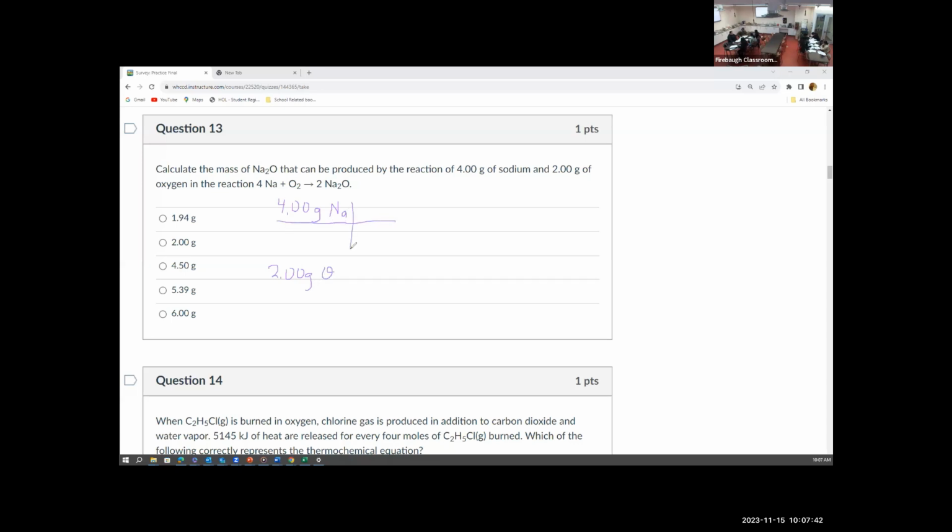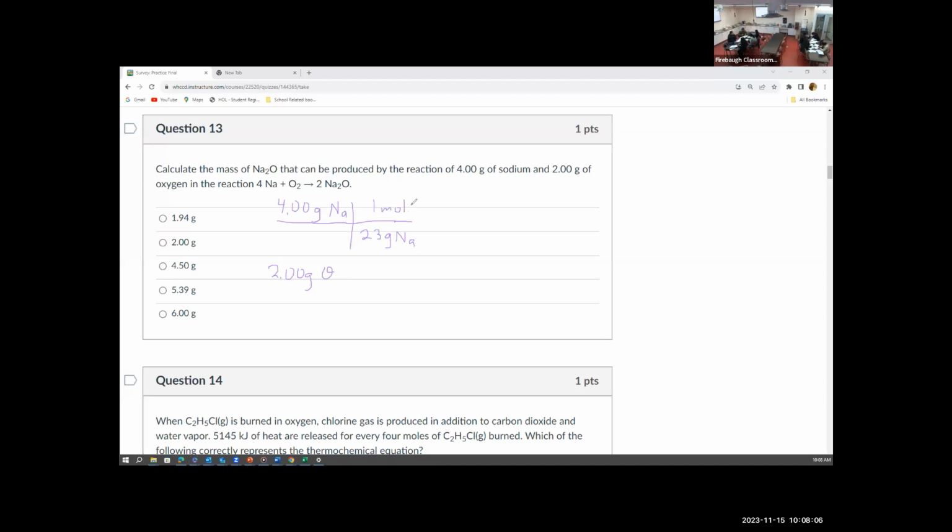So what is the mass of sodium? Mass of sodium? We just rounded it, 23. Good. 23 grams Na. I thought you said 28. I'm like, that doesn't sound right.